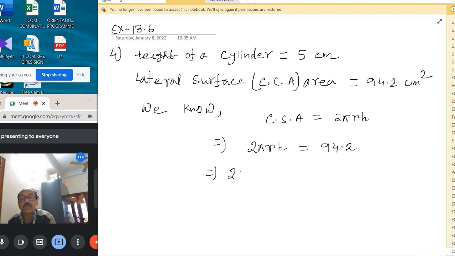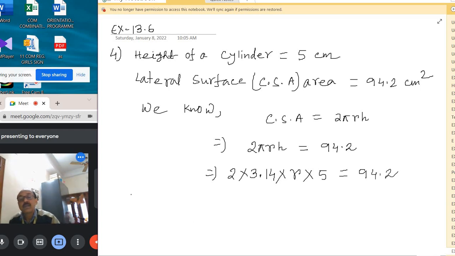So 2 into 3.14 into r into h, which is 5, height, equal to 94.2.